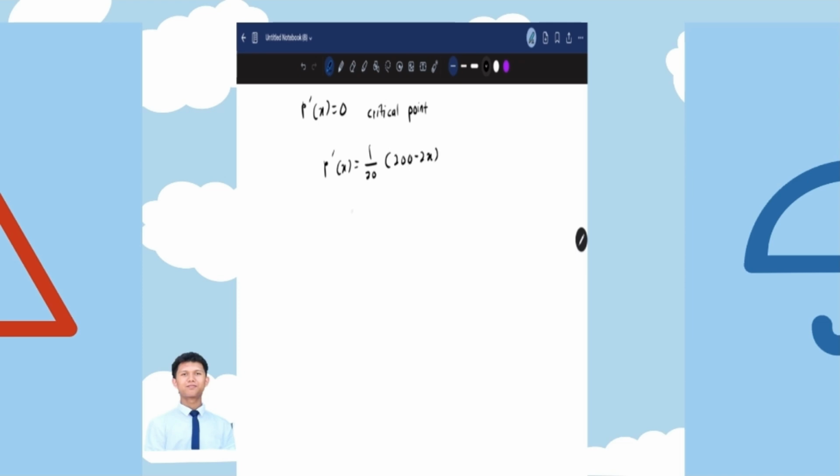Therefore, we need to make 1 over 20 times (200 minus 2x) equal to 0. Then we get 200 minus 2x equals 0, and x equals 100.